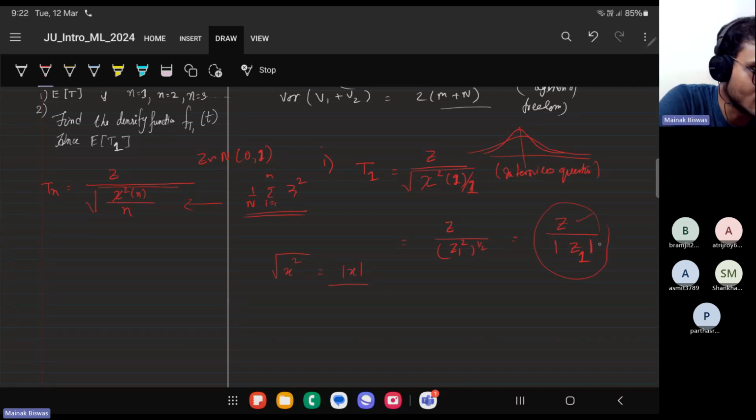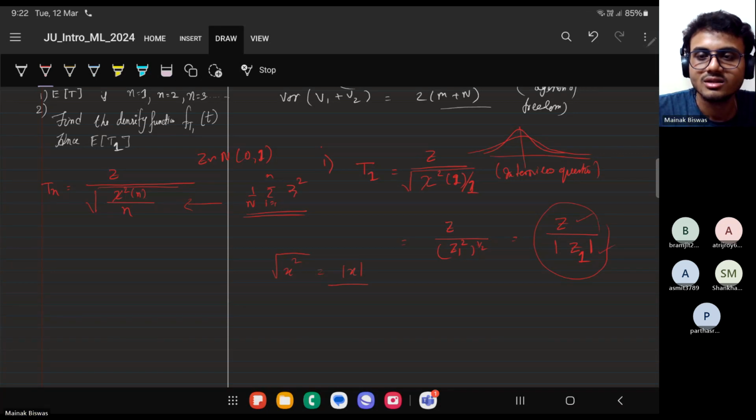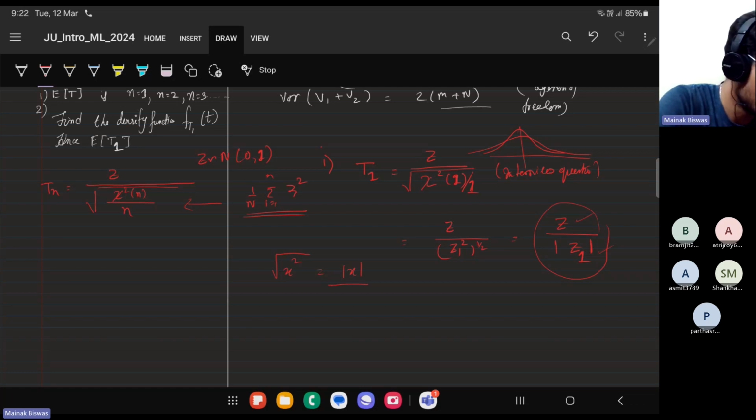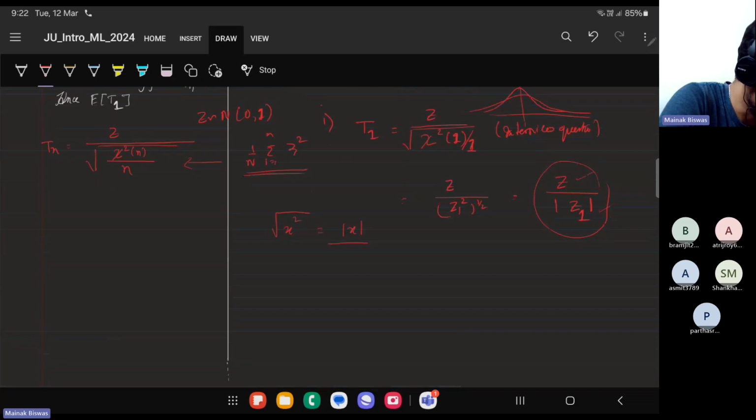This is one distribution, this is another distribution, and you will take their IID samples, so you will have their joint distribution. To be clear, let us rename these variables and write T as X by mod Y, where X and Y are normal 0, 1.